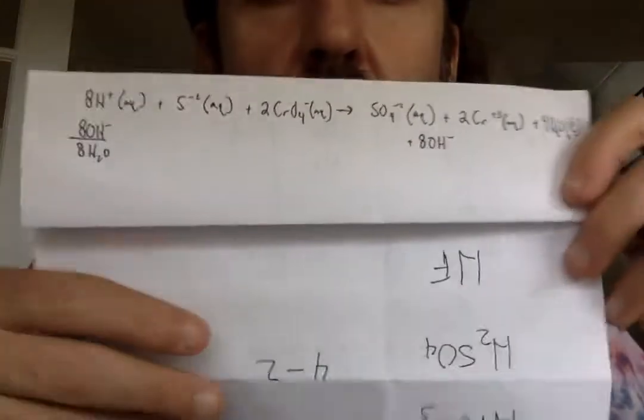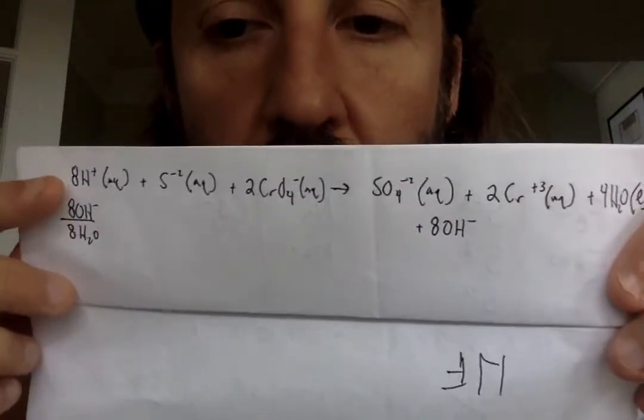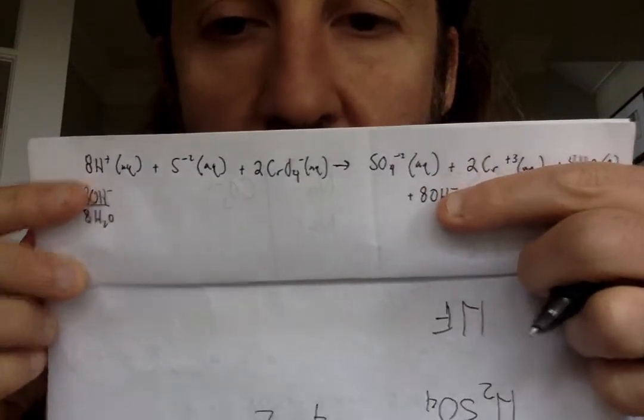Okay, and so if I just add the 8 hydroxides to both sides, that makes 8 water. So right here, I add 8 hydroxides to both sides.